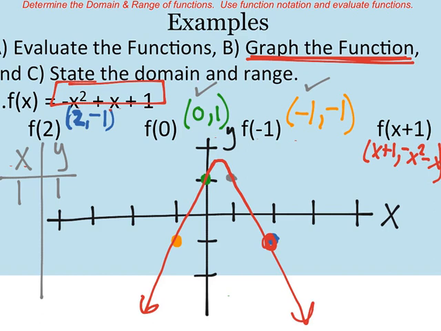So when you get to a question that says part B, graph the function, all you really have to do is type this function into your calculator, graph it, and then copy over the points onto your paper. So please use those tools well, and utilize those graphing calculators since you can use them.